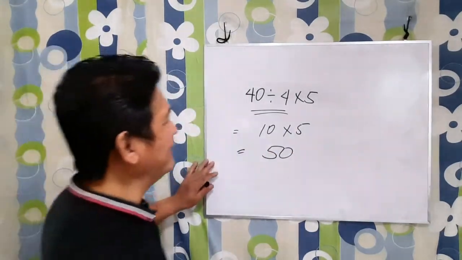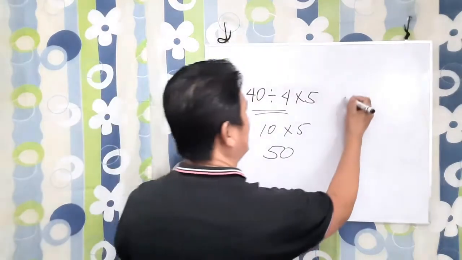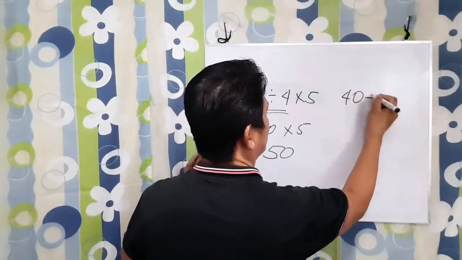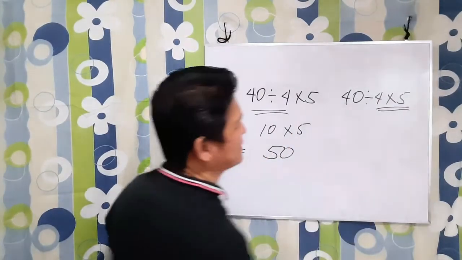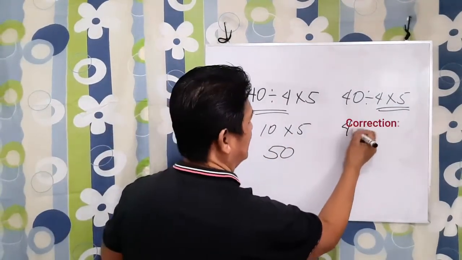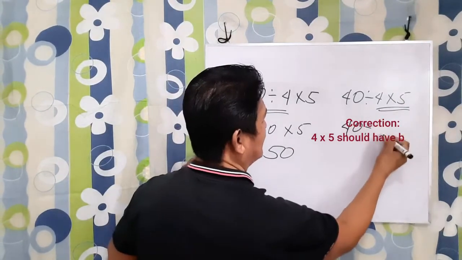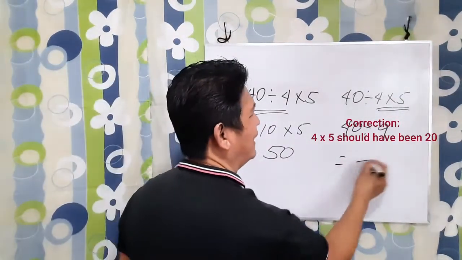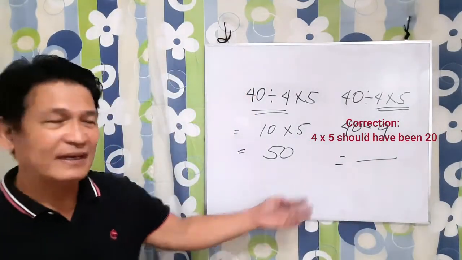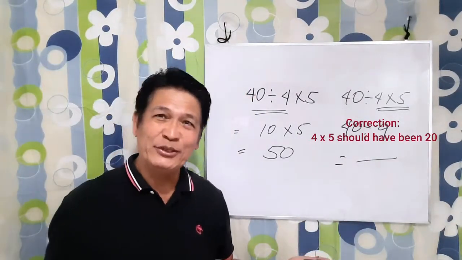And some will do 40 divided by 4 times 5 by performing the multiplication first. That will be 40 divided by 20. You will be given a different answer. So how do we do this?